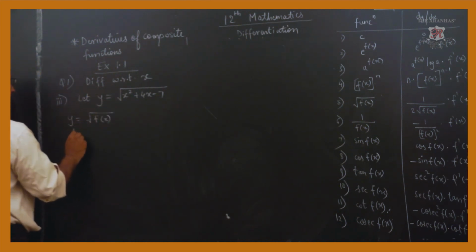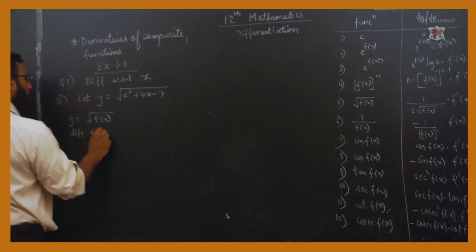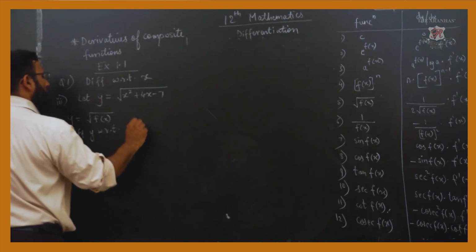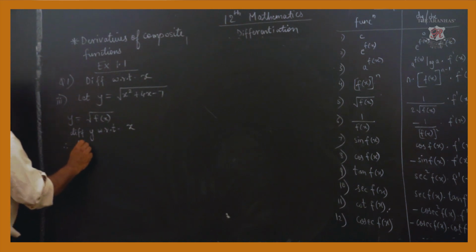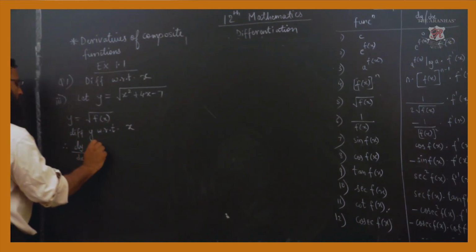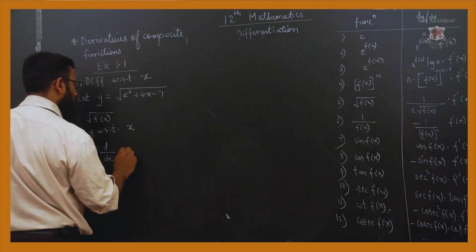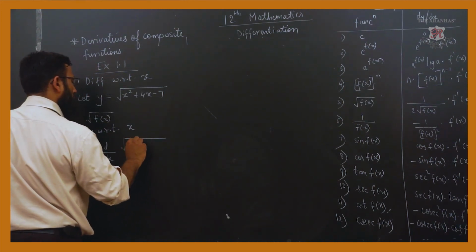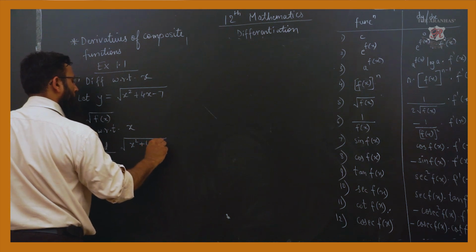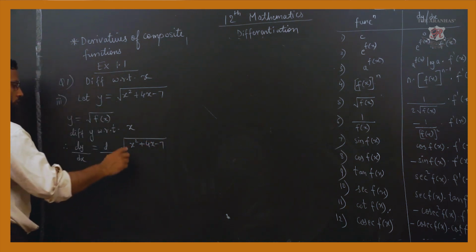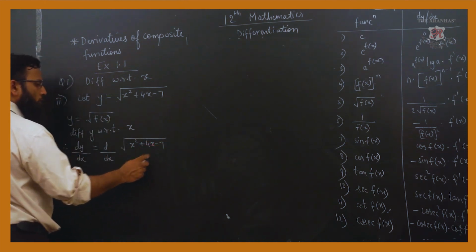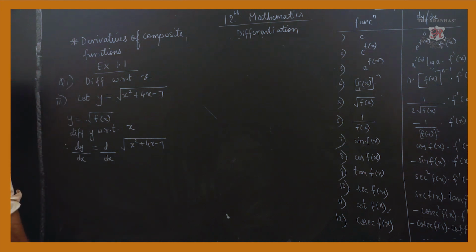So if I differentiate y with respect to x, I will get dy by dx is d by dx of under root x square plus 4x minus 7. Whatever terms are there under the root, they are f of x.